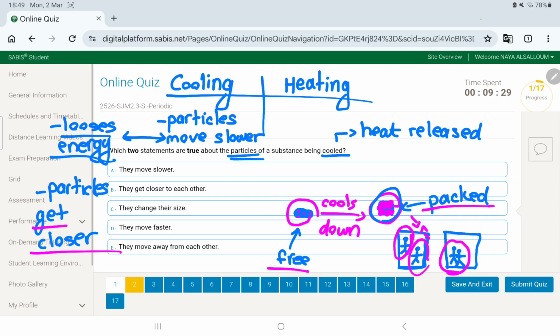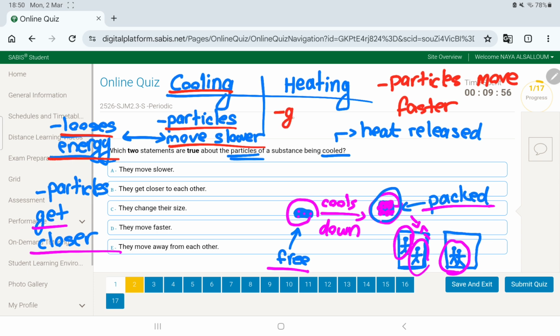Now heating, as long as you know cooling, heating is the exact opposite. In cooling, particles move slower. So what do you expect here? Particles move faster, right? Why? Because if something that's cooling loses energy, something that's heating gains energy, right?